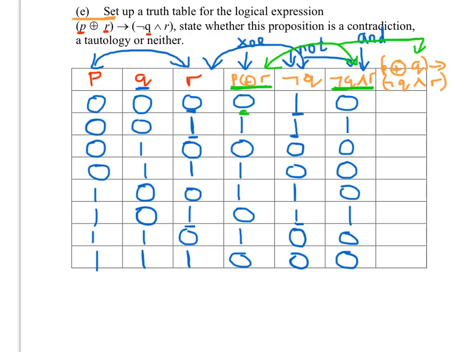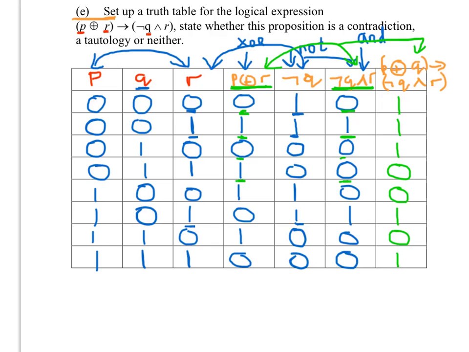So this first value here, I have 0, 0, so it's true. This one here, I have 1, 1, so it's true also. This one here, 0, 0, true. Now here's one. I've got a 1, 0 as the input, so this is actually false. 1, 0, again, false. 0, 1, true. 1, 0, again, false. And lastly, 0, 0, true. So this gives you the truth table for the logical expression.